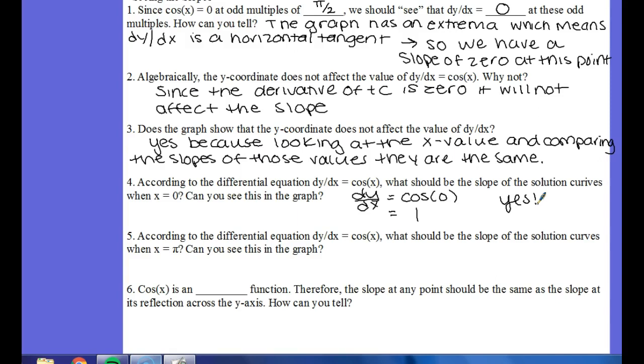According to the differential equation, dy/dx equals cosine x, what should be the slope of the solution curves when x equals pi? So again, the question becomes, what's dy/dx when x is pi?